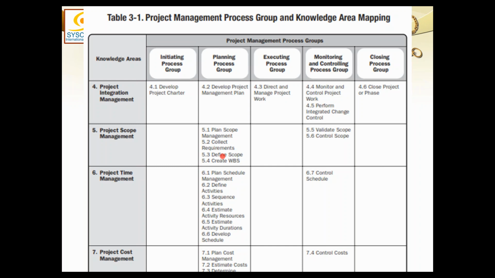Okay, normally scope is the first thing which happens. So time is greatly dependent on the scope. First you must have a scope, then you start planning the time or cost, right? So if there is a change in scope in the meanwhile while you are planning, naturally it will impact the schedule and cost.